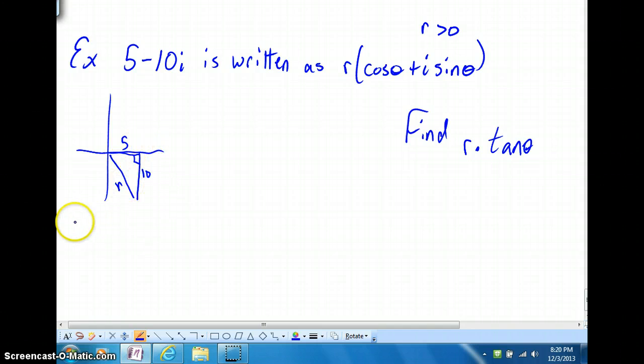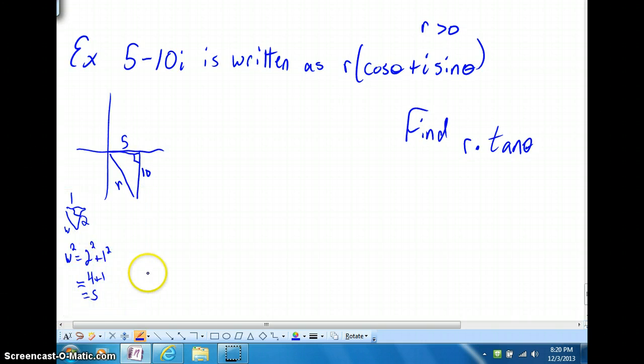The principle of the reduced triangle from geometry says that we could divide out a 5. Take a look at this. This is a real slick way to do that. Here's 2 squared plus 1 squared. That's 4 plus 1 is a 5. So r is actually going to be equal to the square root of 5, we would see.